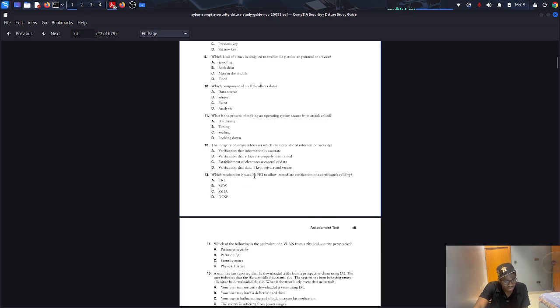Which mechanism is used by public key infrastructure to allow immediate verification of a certificate's validity? CRL, MD5, SSHA, OSCP. What is OSCP doing here?